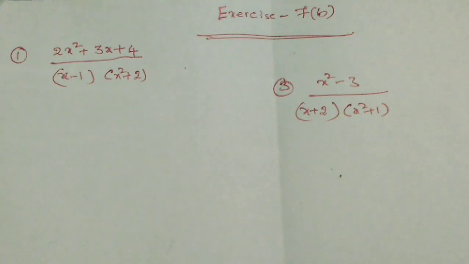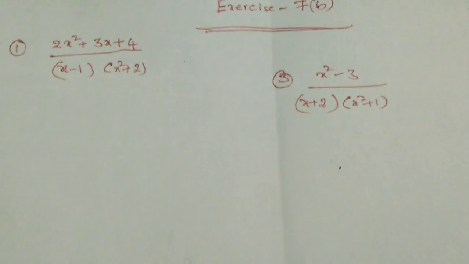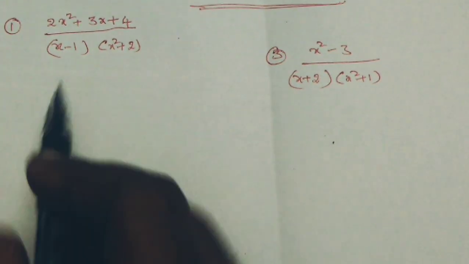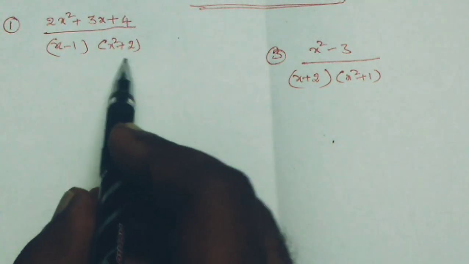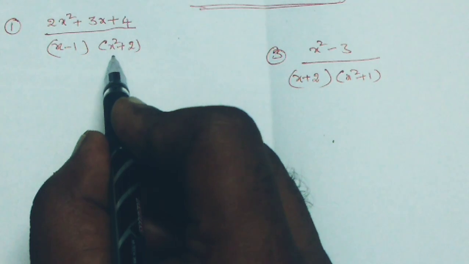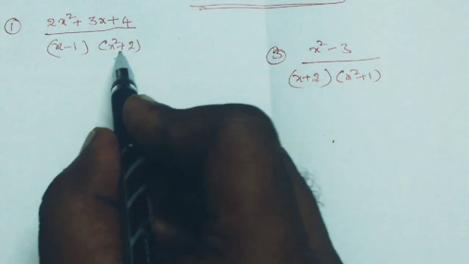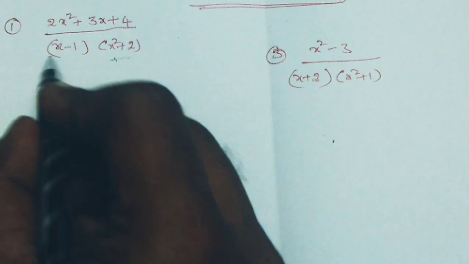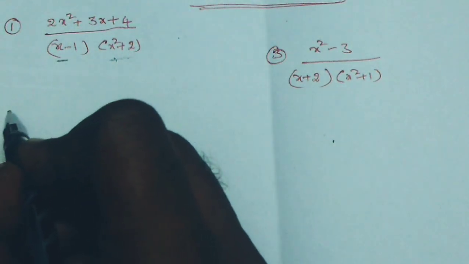7B partial fractions. First problem: (2x² + 3x + 4) / ((x − 1)(x² + 2)). Here x² + 2 is irreducible, so this comes under type 3, and x − 1 comes under type 1.